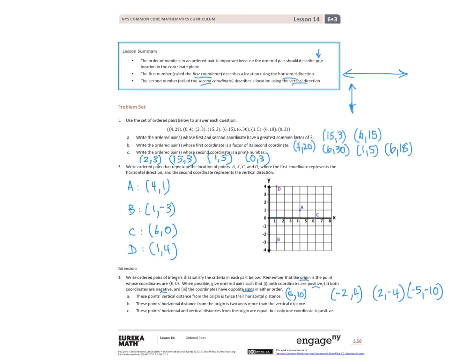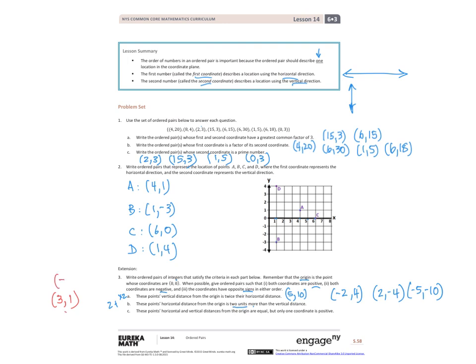For these points, the horizontal distance from the origin is 2 units more. So now it's going to just be a plus 2, not a double. This was a times 2. Let me reread that. The horizontal distance from the origin is 2 units more than the vertical. So vertical is going to be less. If I was over 3, down 1, the difference there is 2.